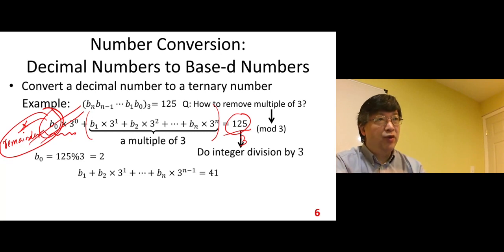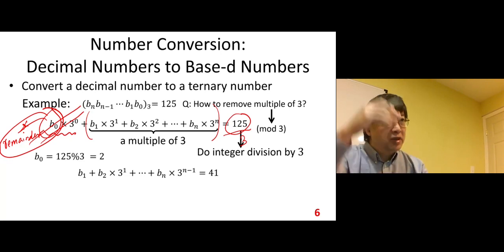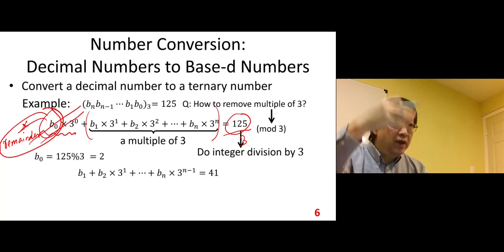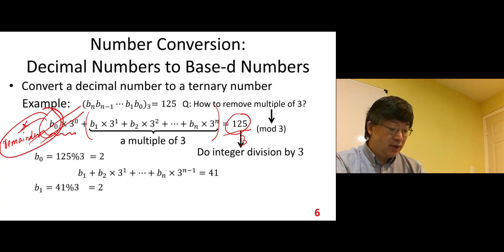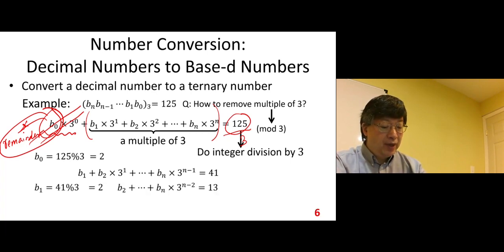This part is 41. Let's repeat the same method again and again. This time, 41, we mod 3 and get B1, that's 2. Then integer division by 3 gives B2 plus other terms, 13. To find B2, mod 3 another time, B2 equals 1.